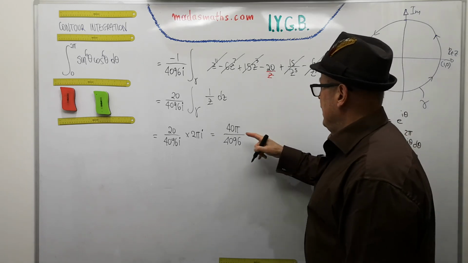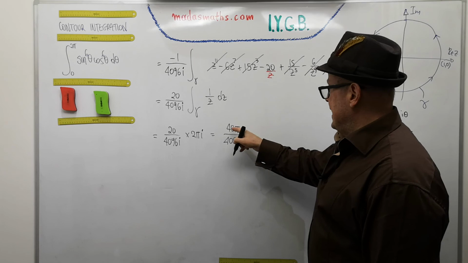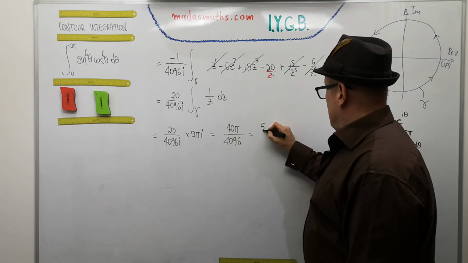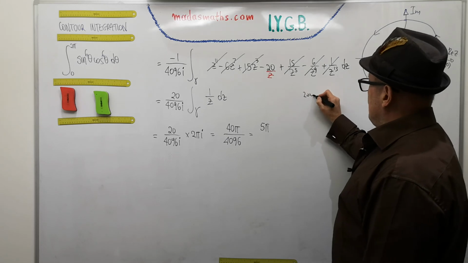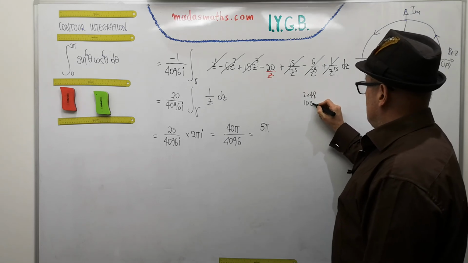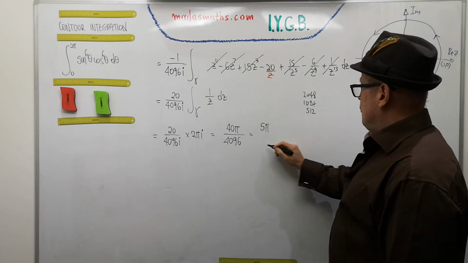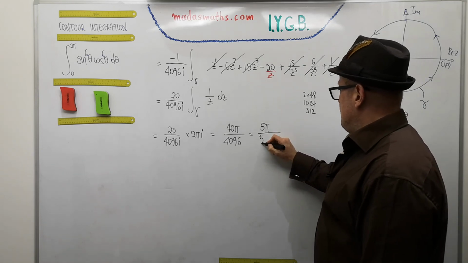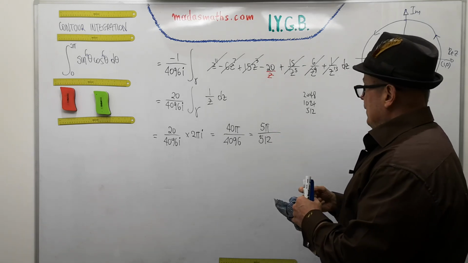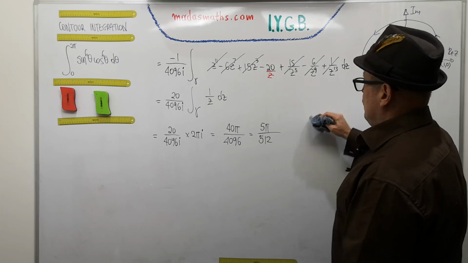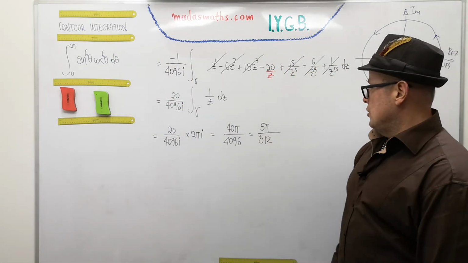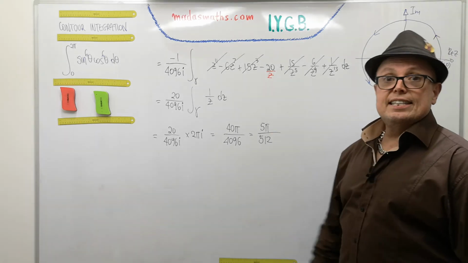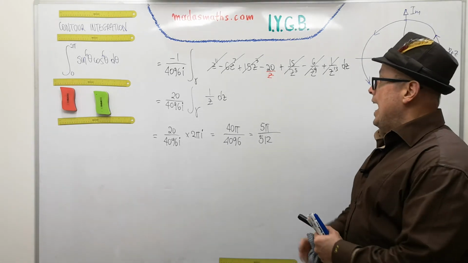We can keep halving: 2048, 1024, 512. So I'll make this integral 5 pi over 512, and this integral is the same as whatever transformed into the complex plane, and this is the answer to the real integral that I was trying to find. I hope you followed it.